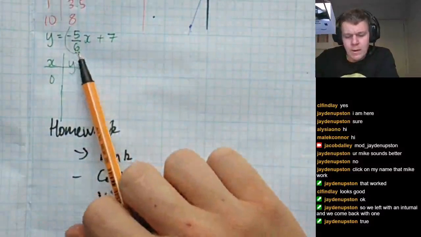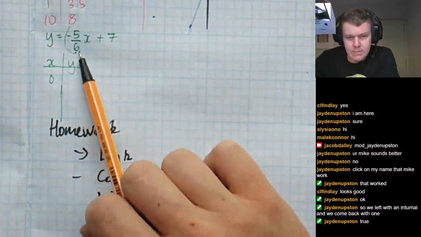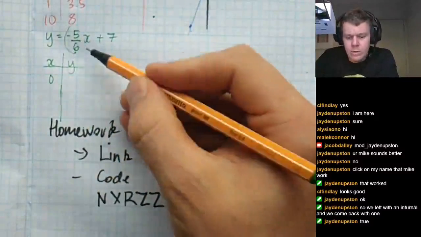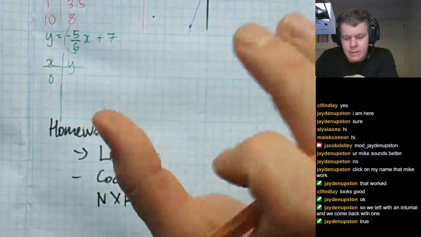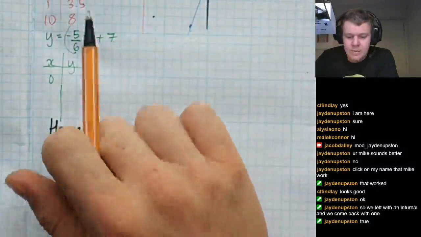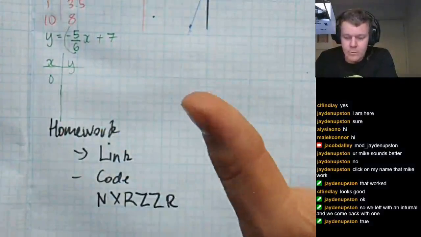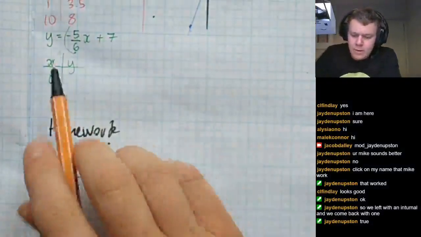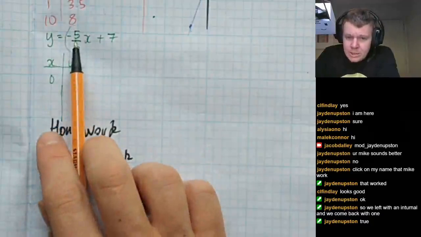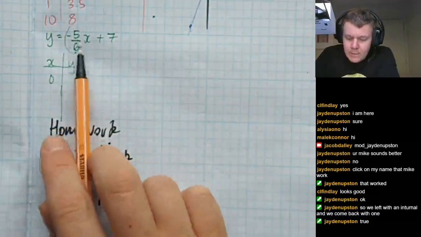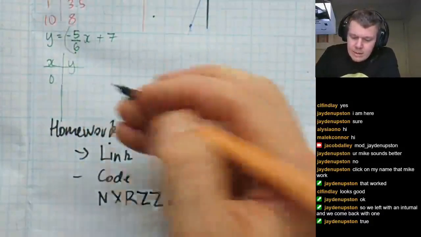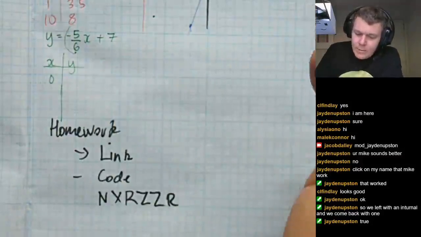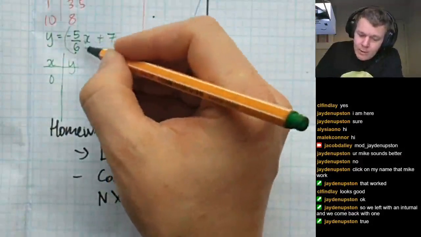With a nasty fraction like this, we want to choose numbers for x that are going to give us nice round numbers that go through the points. So you can think of a fraction as 5 divided by 6. When you're dividing by 6, numbers that cancel out a divide by 6 are a multiply by 6.